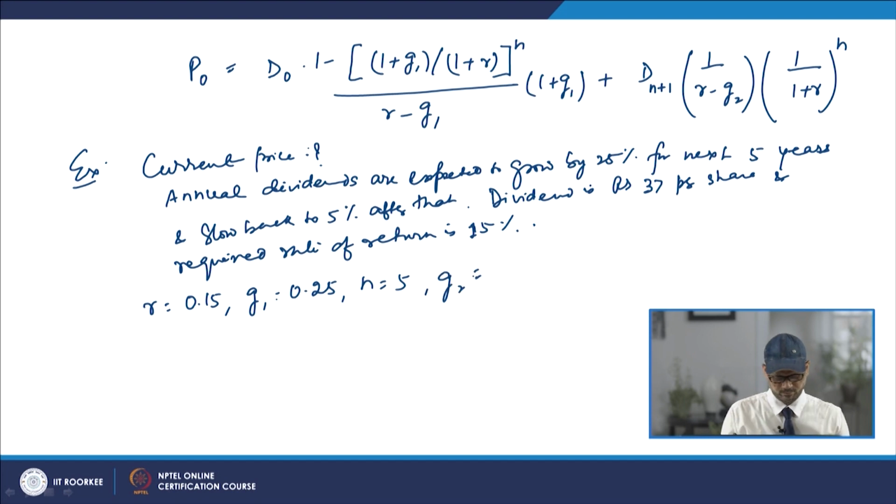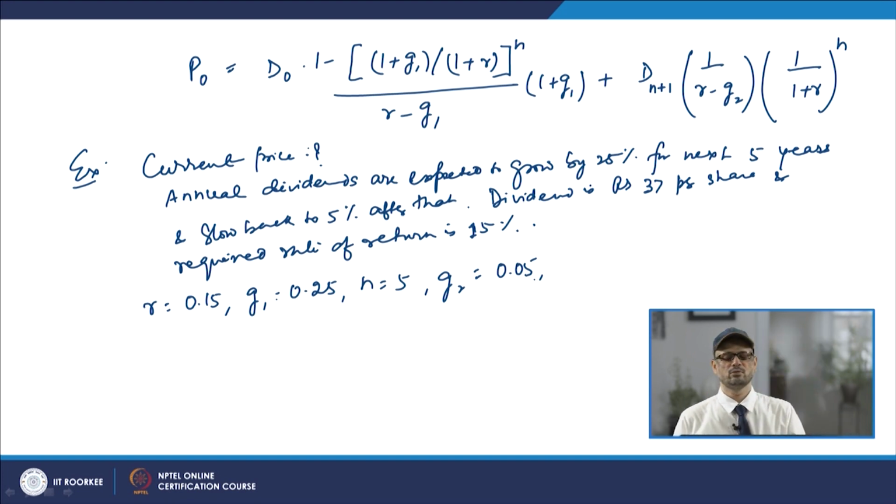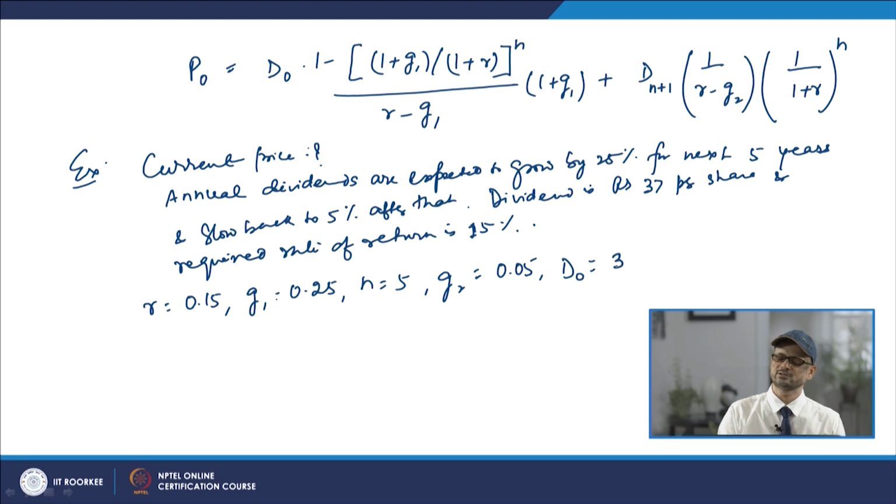G 2 comes down to 5% after that, so G 2 will be 0.05, and n will be for the larger period after that. This is all about the data, and you are given D naught as 37.